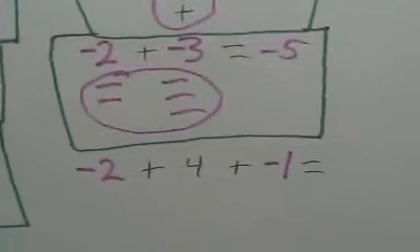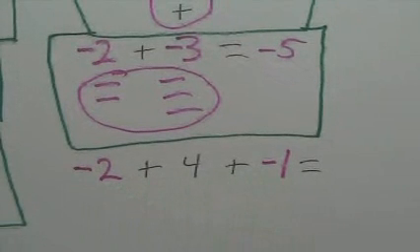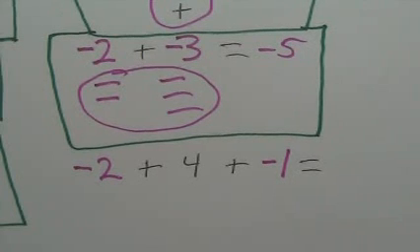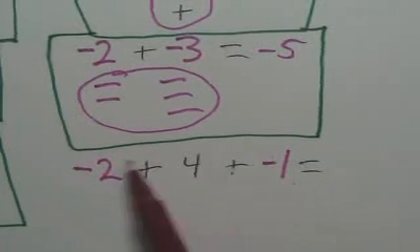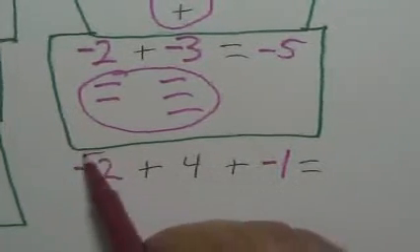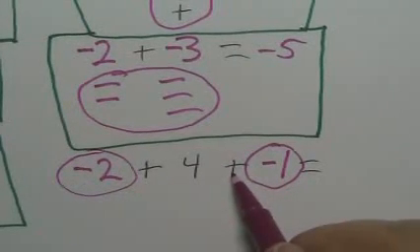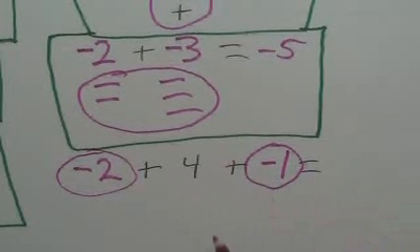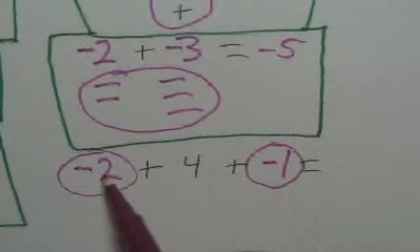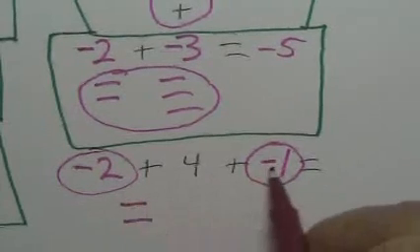Here's our next problem. Example, negative 2 plus 4 plus negative 1. Now what I'm going to do is count up my negatives first. See, this is negative, and this is negative. This is just like the symbol and, like the word and. 4 and negative 1. So don't think they cancel each other. So I have negative 2 and negative 1. So I have 1, 2, negative 2, and another negative.